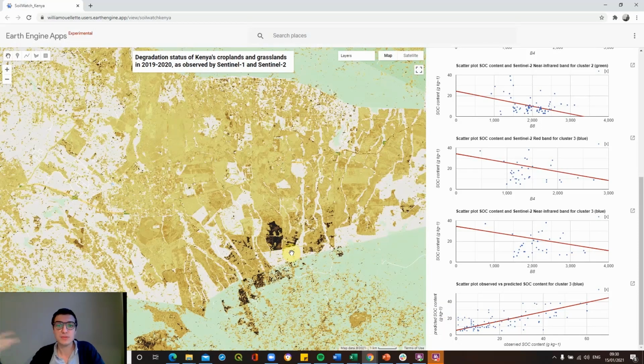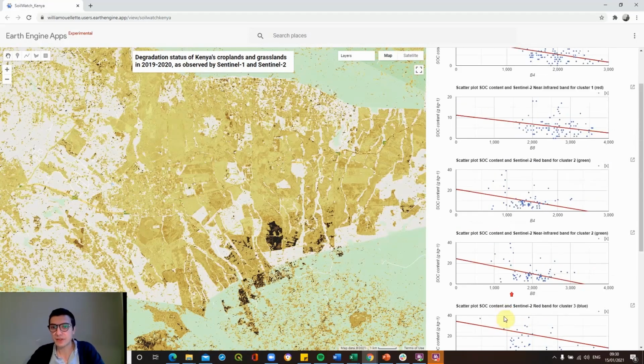But not only is it usable at the mesoscale and for country level statistics, it's also usable at project level and at field level for monitoring, reporting, verification purposes, and that's really the market we want to target.